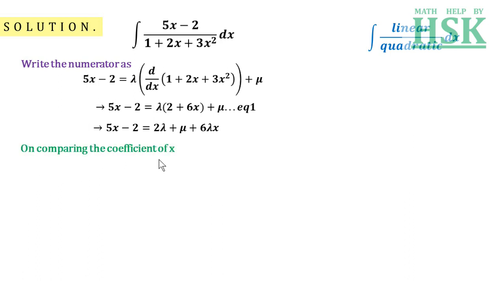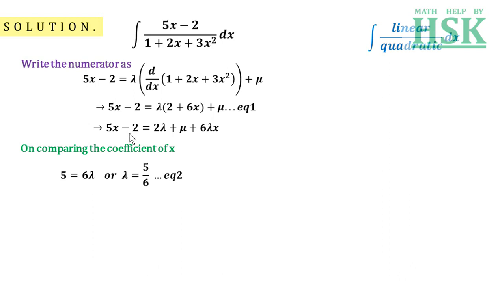On comparing the coefficient of x, we see that on the left hand side the coefficient of x is 5, and on the right hand side the coefficient of x is 6 lambda. Okay, so we get 5 is equal to 6 lambda, or lambda is equal to 5 upon 6. We can mark this as equation number 2.